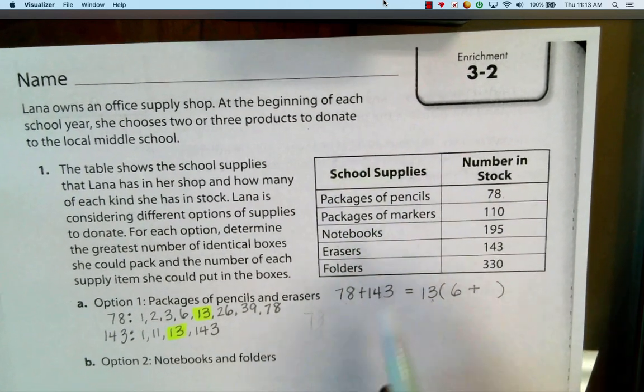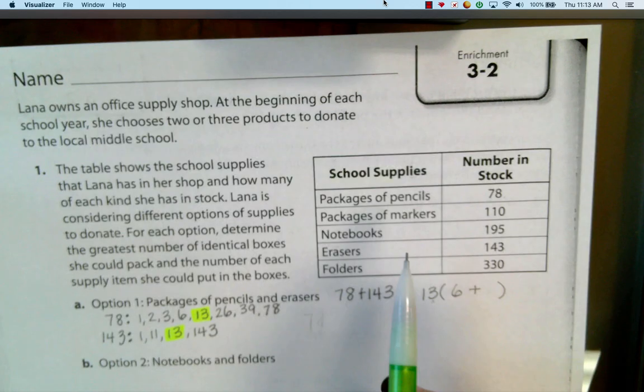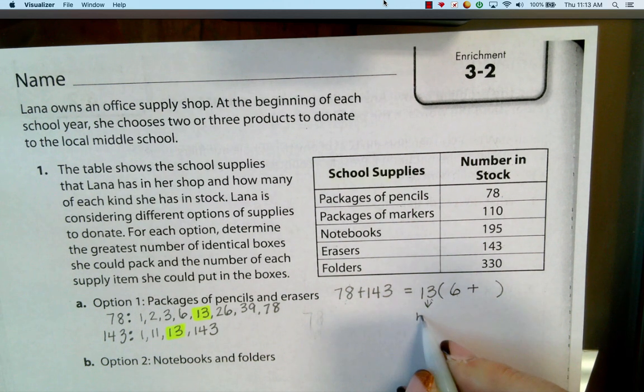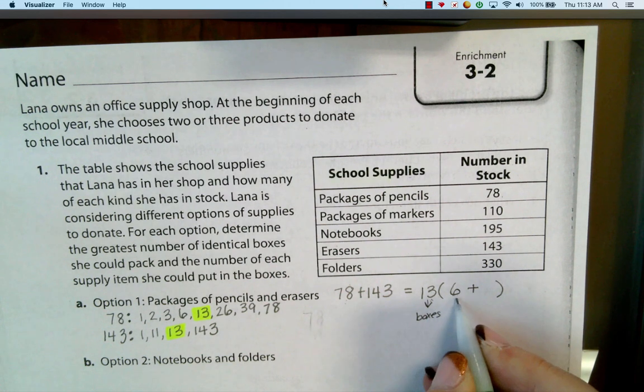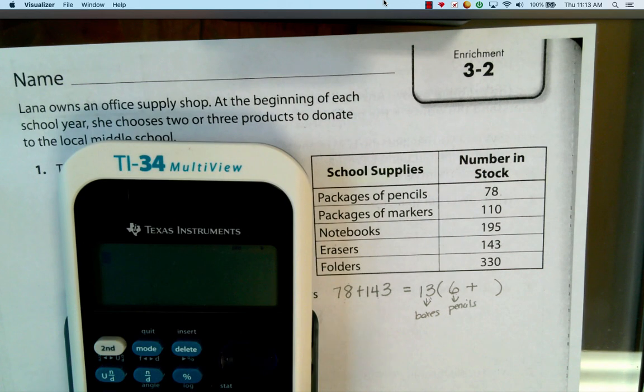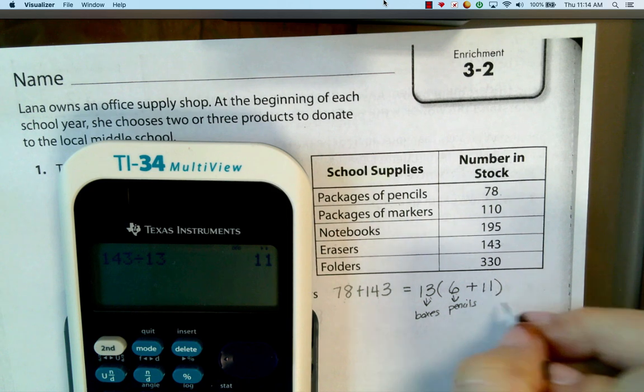And remember, 78 represents my pencils. So this is 13 boxes, 6 pencils in each box. Okay, then 143 divided by 13. Again, don't break the bank on the brain. Just use the calculator. 11. It's 11 erasers.